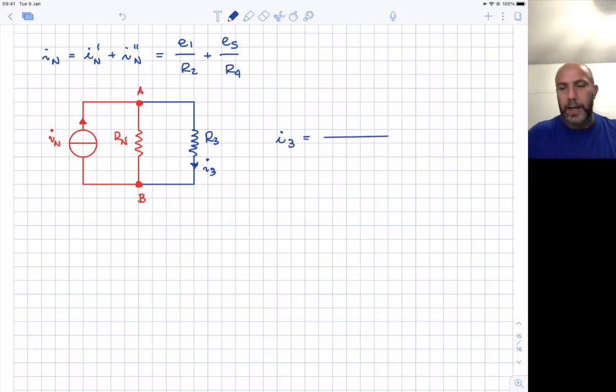So the total current divided is IN. At the denominator we have the sum of the two resistors connected in parallel, Rn plus R3, and at the numerator we have the value of the resistance where we are not calculating the current, so Rn.